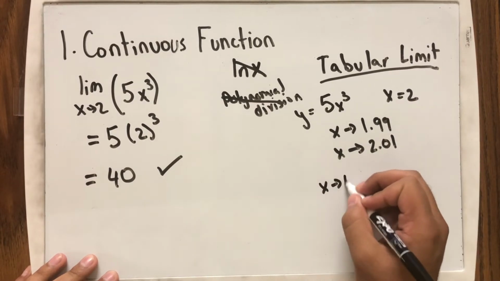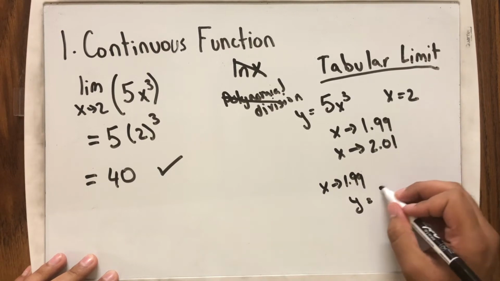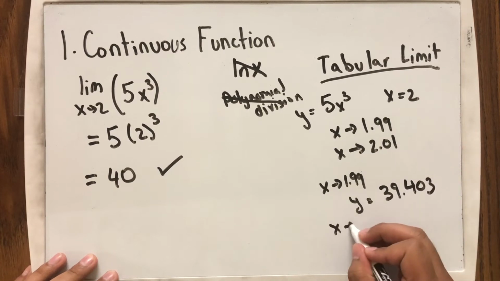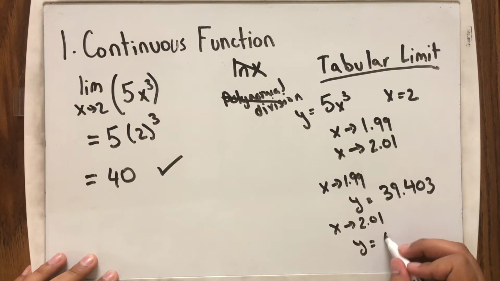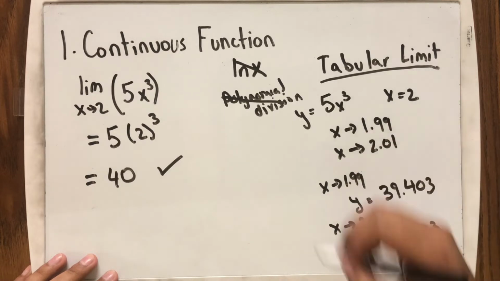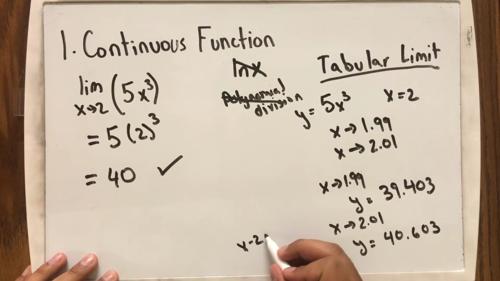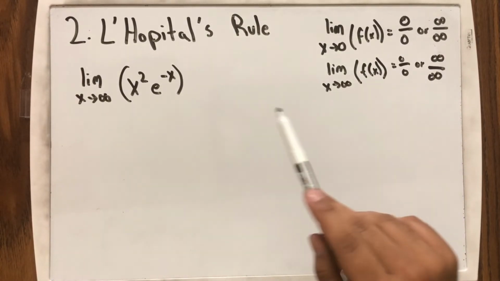When x approaches 1.99, y is equivalent to 39.403, and as x approaches 2.01, y is equivalent to 40.603. So using this, we can infer that x approaching 2 would probably be around 40.